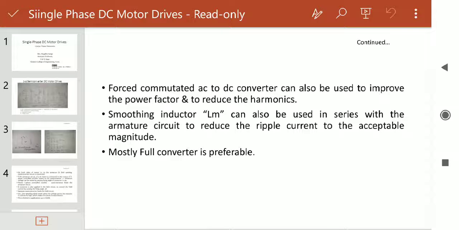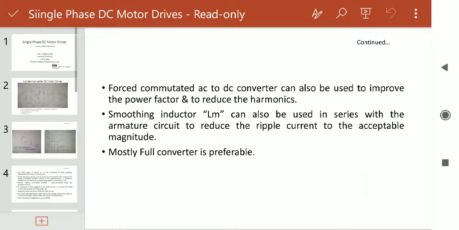So useful power gets improved if force commutated SCRs are used in both the converters. Force commutated SCRs means by controlling the alpha firing angle, we can control the output voltage and we can forcefully switch off the thyristors. It means we can change the transfer of current from one thyristor to another using force commutation. So it reduces the harmonics and improves the power factor.